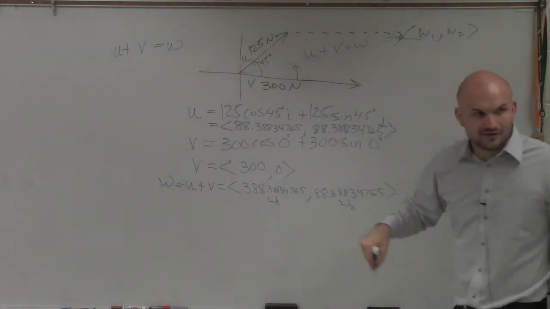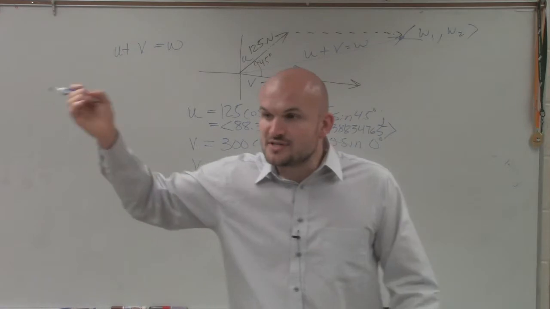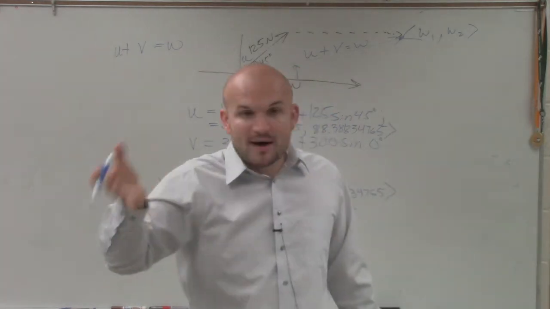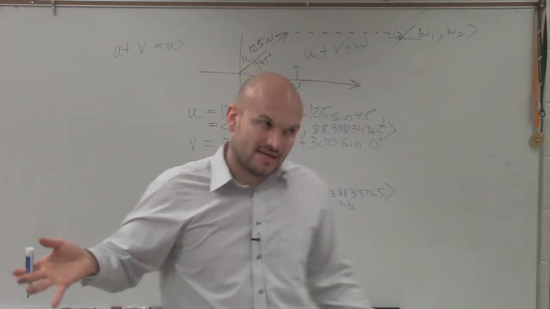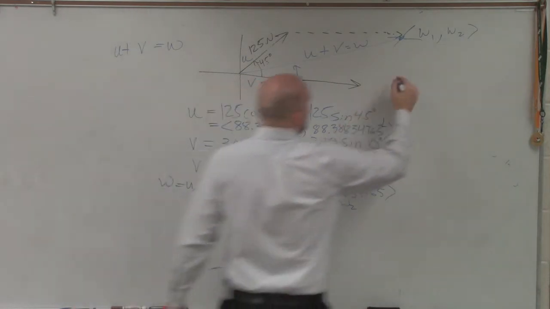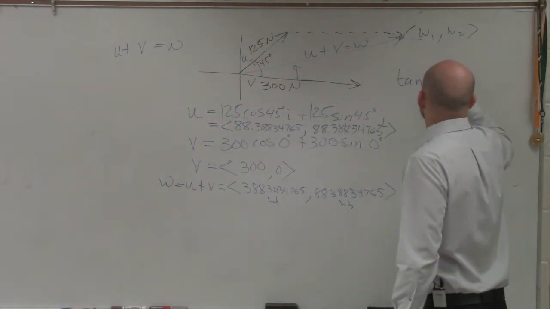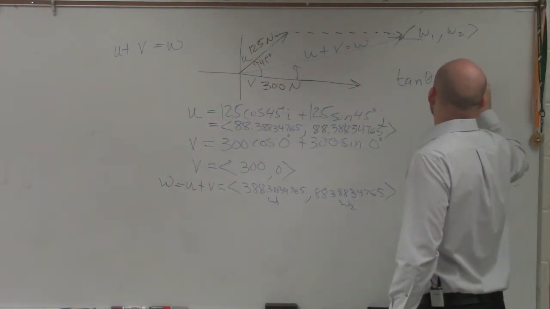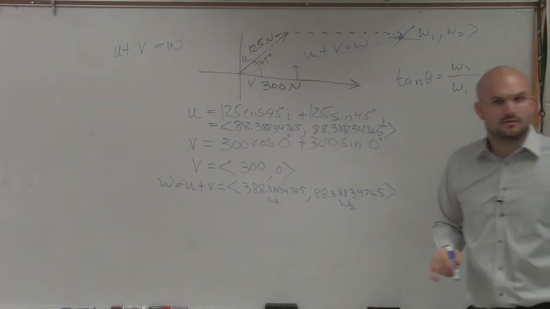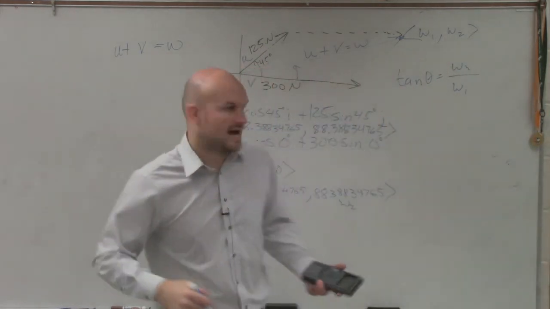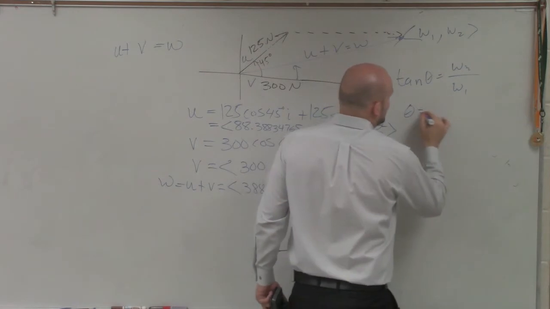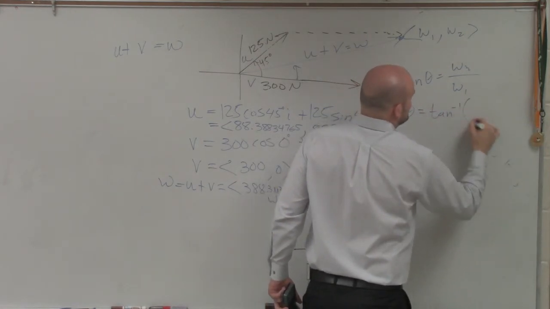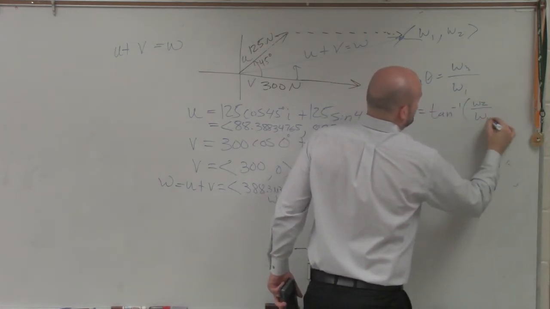We now know the values. And now that we know the values of our terminal point, is it possible for us to find the angle? Yes. The angle is tangent of theta equals w2 over w1. So theta equals tan inverse of w2 over w1.